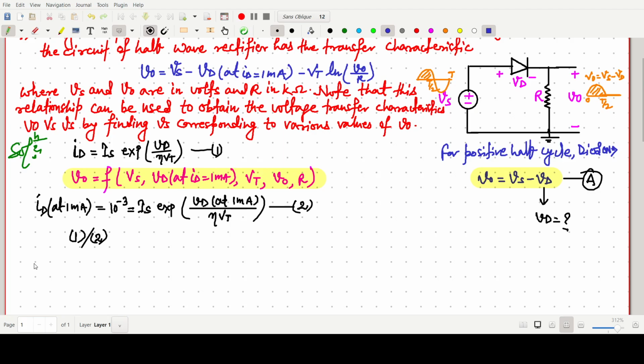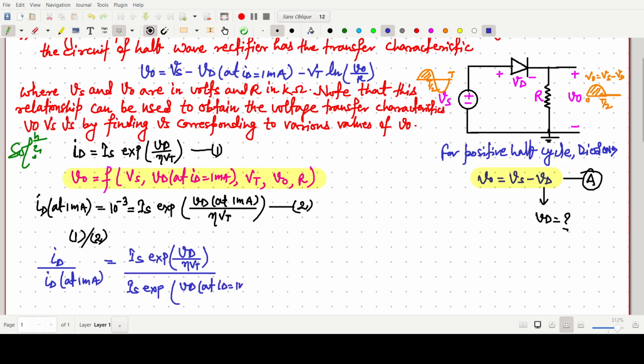So what can we write? We can write the main equation, Id over Id at 1 milliampere, equals Is exp of Vd, the voltage across the diode, by eta Vt, all divided by Is exp of Vd at Id equals 1 milliampere by eta Vt.